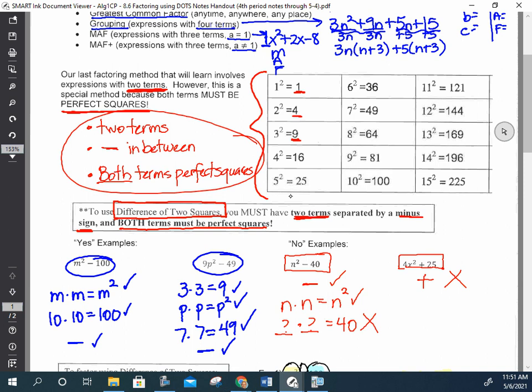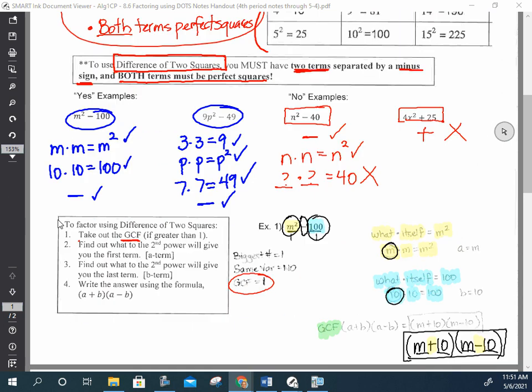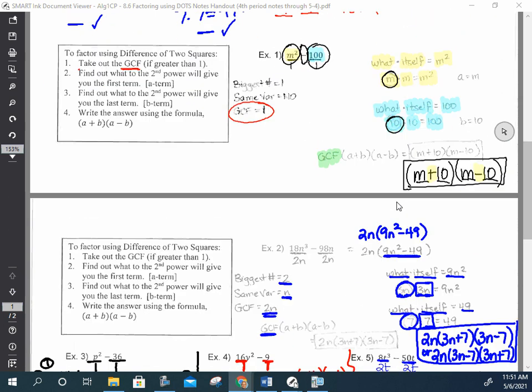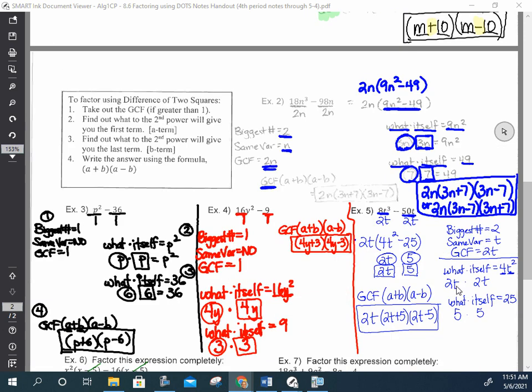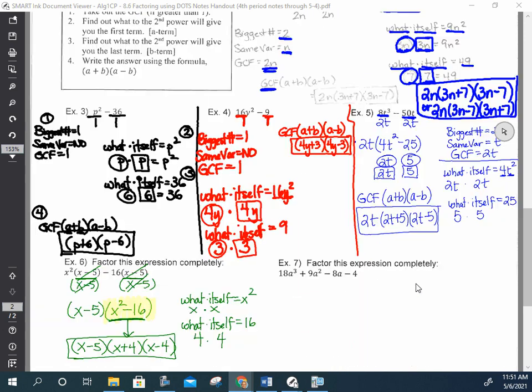On Tuesday, we looked at two examples that work, two examples that don't, and two examples that were already done for us. Then we did four examples that used difference of two squares.